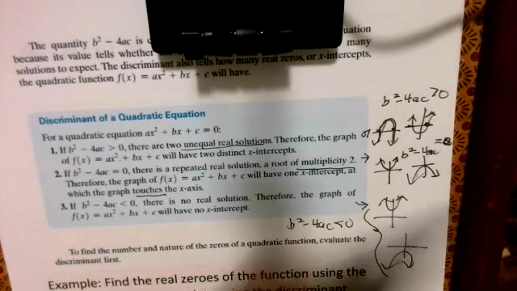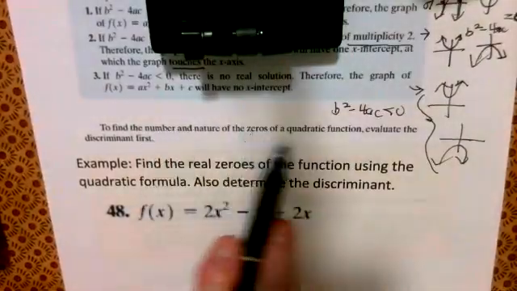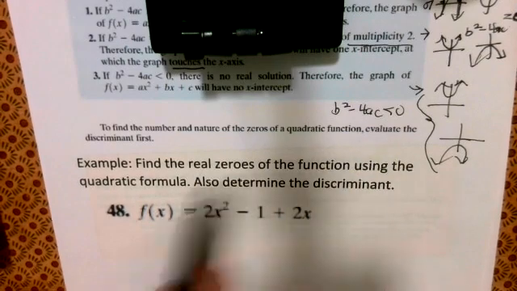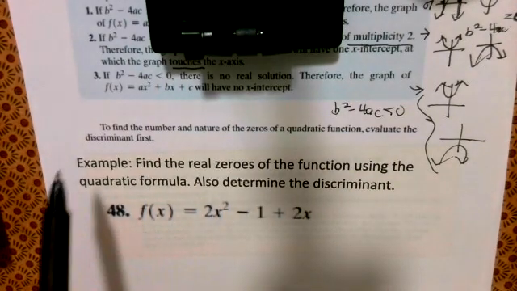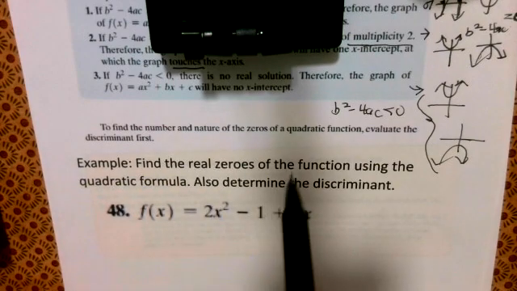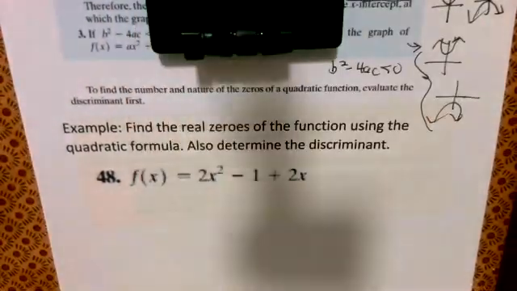Okay, and then to find the nature of the zeros of a quadratic function, evaluate the discriminant first. That's not a bad idea because it tells you what to expect. If the discriminant's negative, you're not going to find a real zero. It's not going to have an x-intercept.